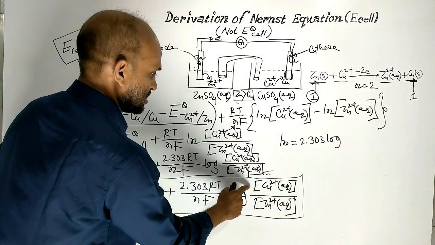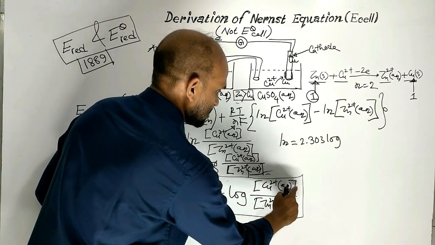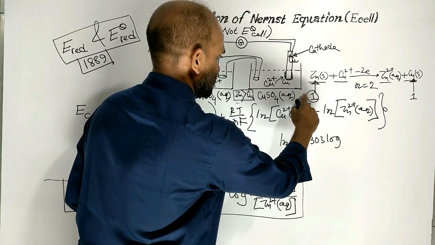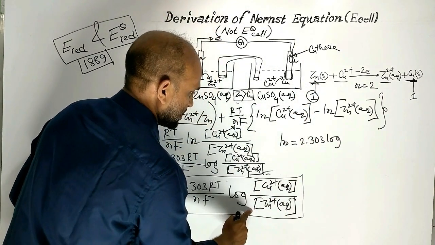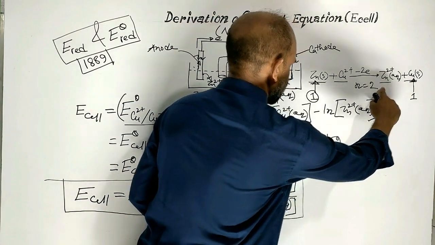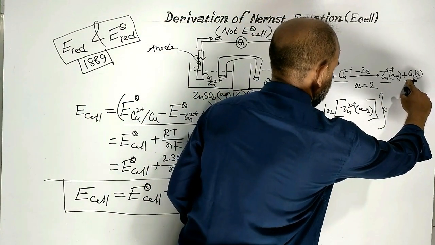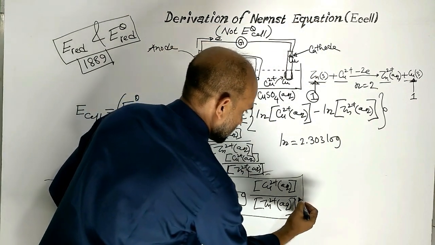That is why it is actually log concentration of copper ion times concentration of metallic zinc, but its activity is 1, so it is not written here. Divided by concentration of zinc ion and concentration of metallic copper, but its activity is 1. That is why it is not written here.